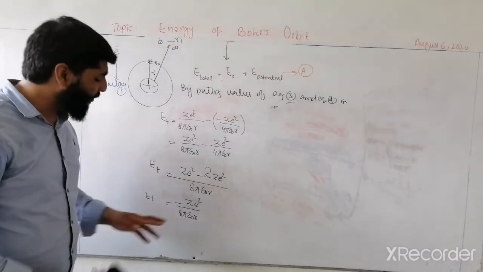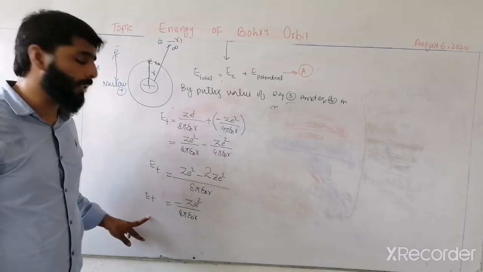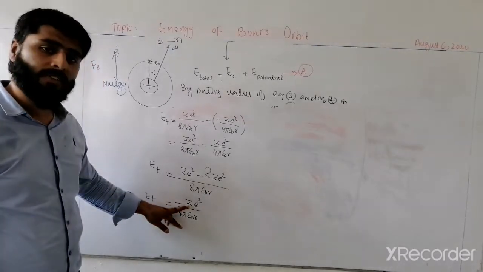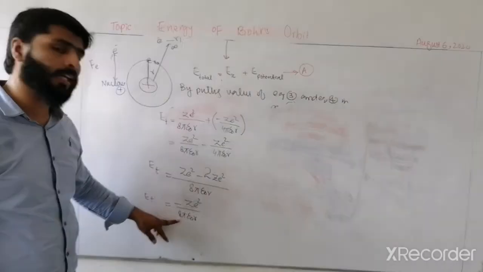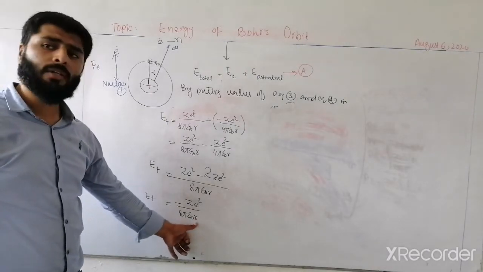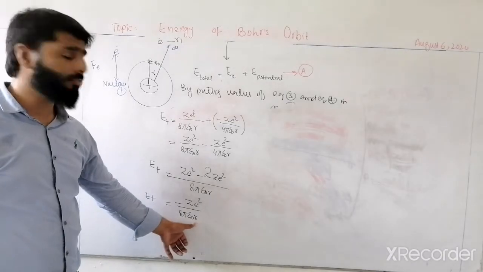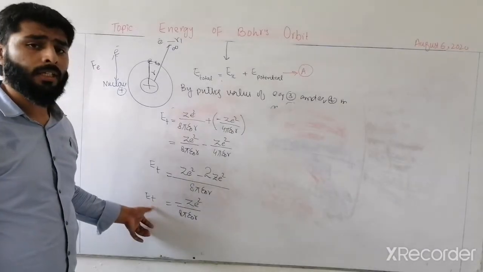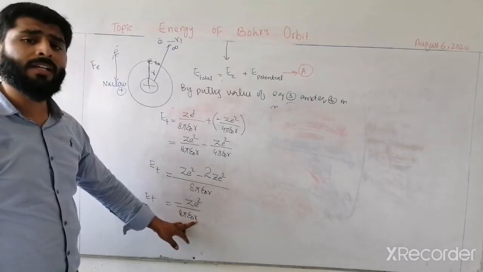Students, we can find the total energy if we have the values of Z, E, pi and epsilon naught, which are constants. If we have the value of radius R, then we can easily find the total energy. Now, how can we find the value of R?